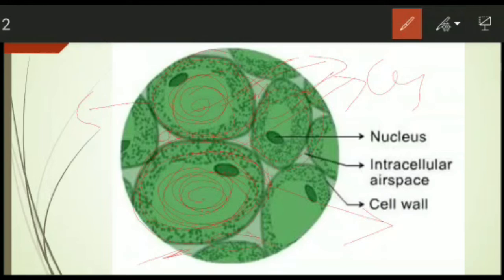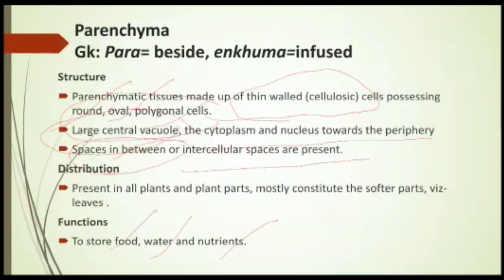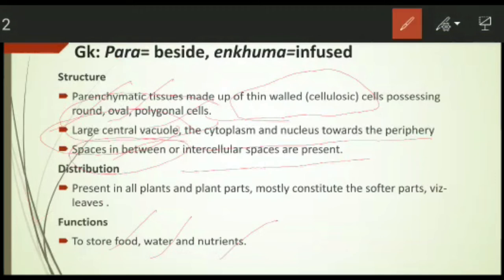Between two cells you may see that a light green region is present. The light green region is nothing but the intercellular spaces, which makes the layer of this parenchymatic tissue more spongy.